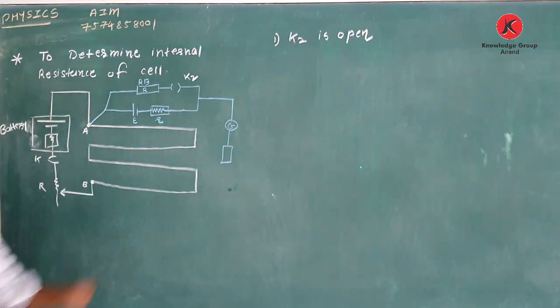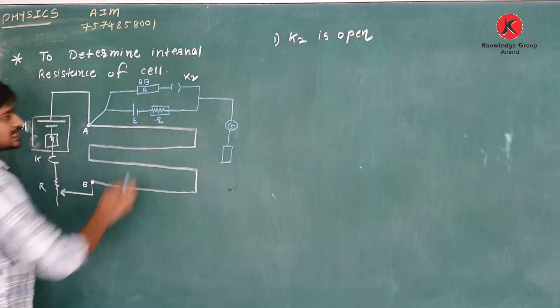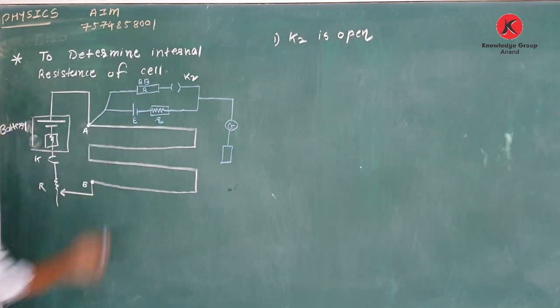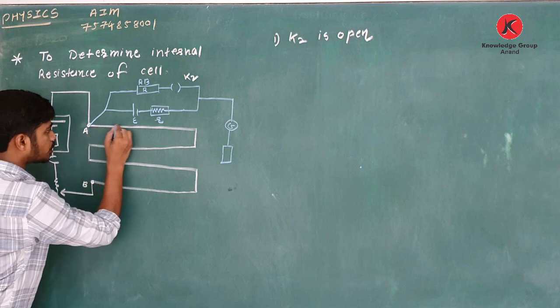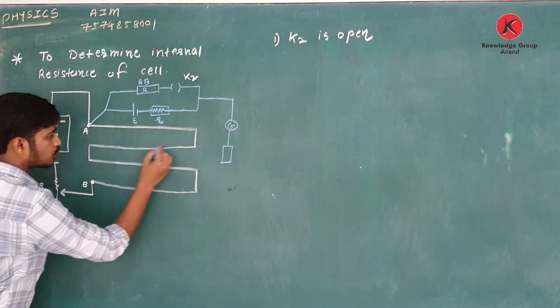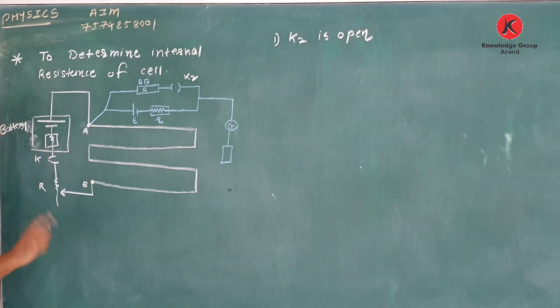How? When K2 is open, this cell is in connection, and you have to move the jockey on this potentiometer wire until you find the null point.